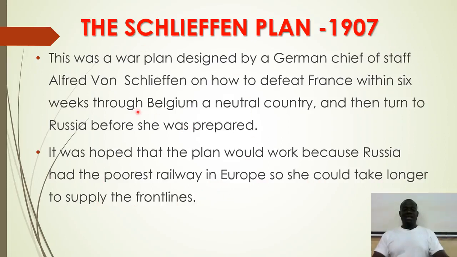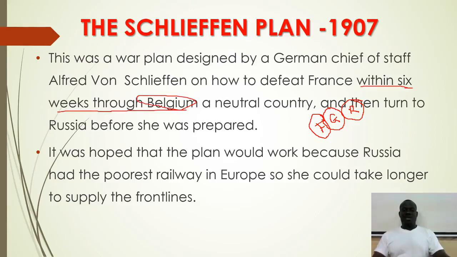So we can see that the Schlieffen plan was designed by Germany. Like we said, France was here, which was feared much by Germany for revenge. And we already said that Russia was here. So here is Russia, here is France, and here is Germany. The plan was that Germany was to defeat France within a period of 6 weeks through Belgium.